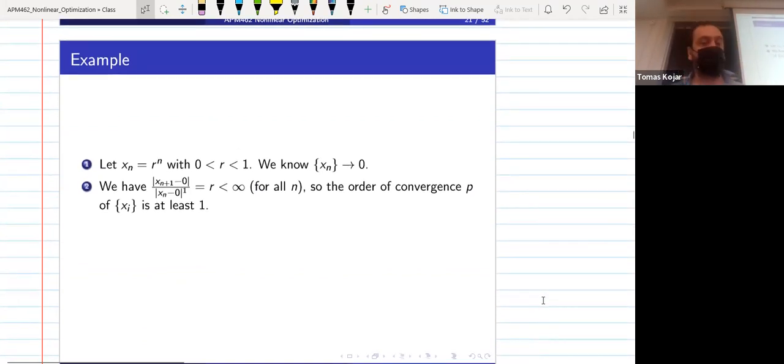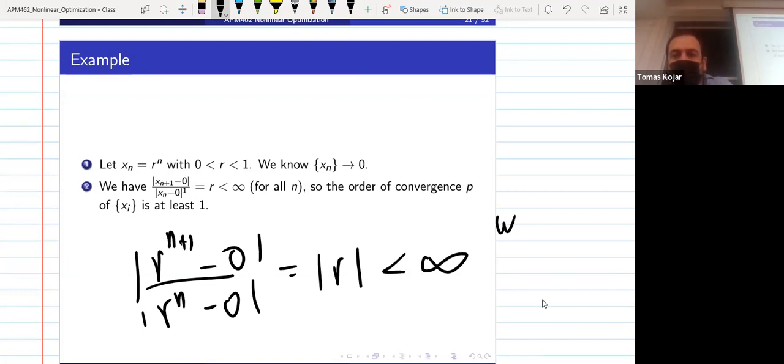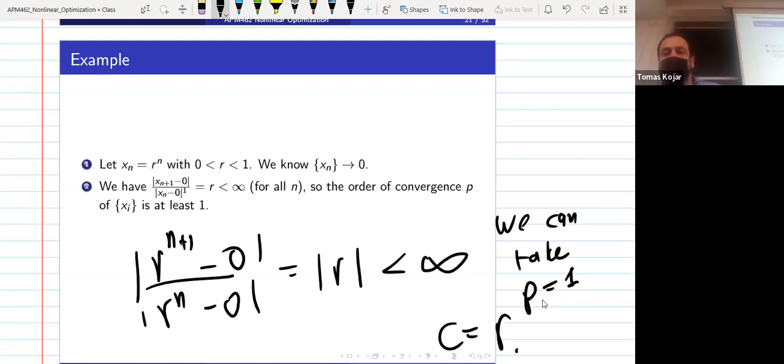Let's compute the order. I'll do it here with you. So this is r^(n+1) minus 0 over r^n minus 0. And this just leaves you with r, and this is a finite number. So here we can take p to be 1, and in the discussion above, we take c to be r. That would be your order of convergence, meaning how fast you go to your limit, x star, which is 0.